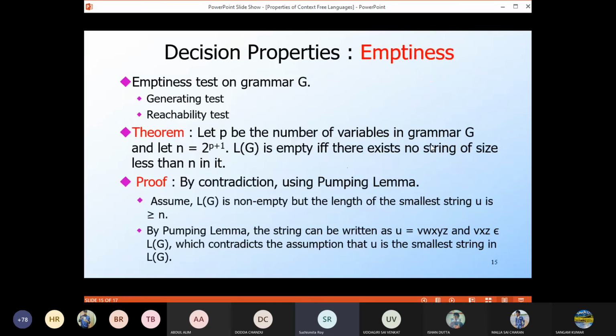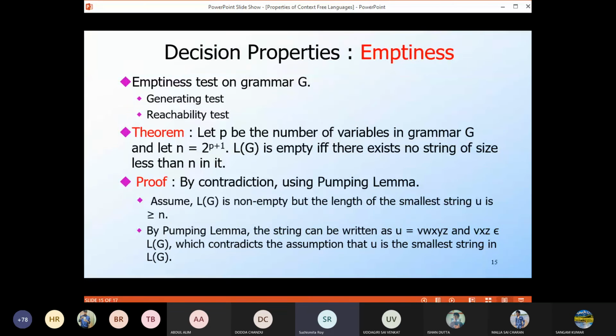The next is emptiness. For the emptiness check of a grammar, given a grammar, whether it is empty or not, the first approach is to check using the generating test and reachability test. Have you studied the generating test and reachability test yet, in the simplification of context-free grammars? Useless symbols, unit productions.